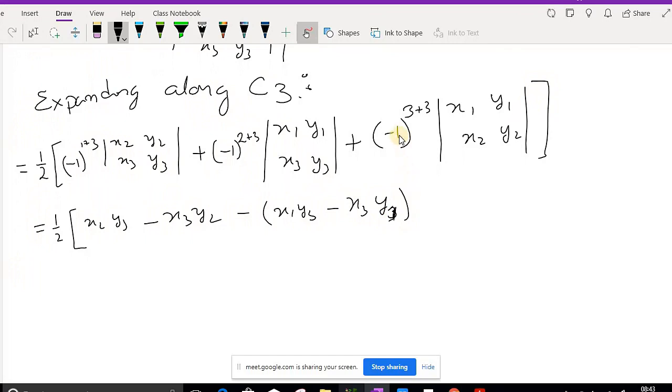Then minus 1 to the power 6 is positive: x1 y2 minus x2 y1. Now close the bracket.